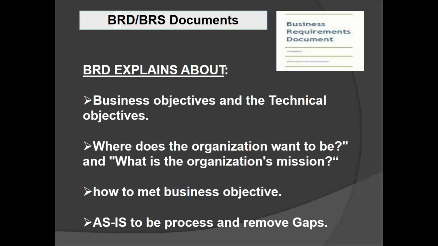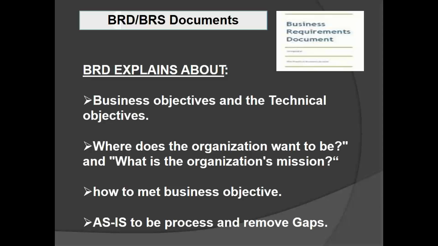Here in the BRD document, you need to remember one thing. We have to specify the current process and the future, that is, the modified or new process. Okay. So it is a must. By doing BRD, we can do the as-is and to-be process, and we can identify the gaps also.